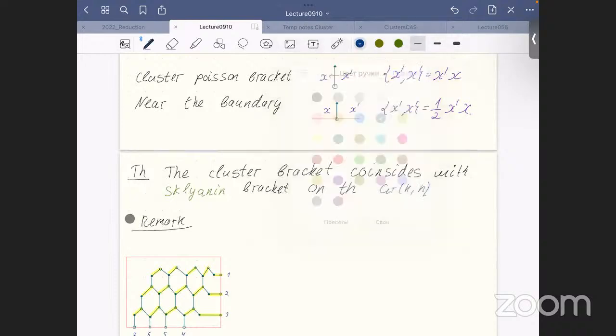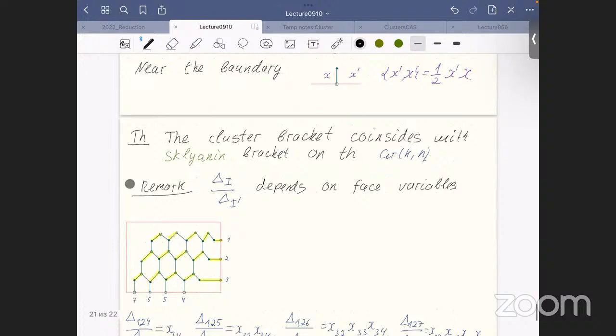So if you consider the ratio of two minors, this depends on face variables. Hence, this statement makes sense.